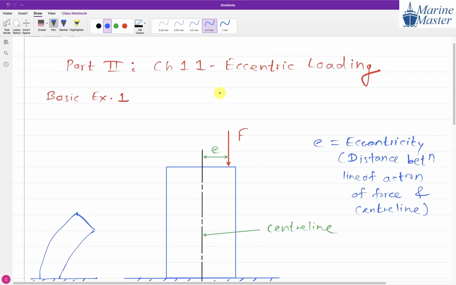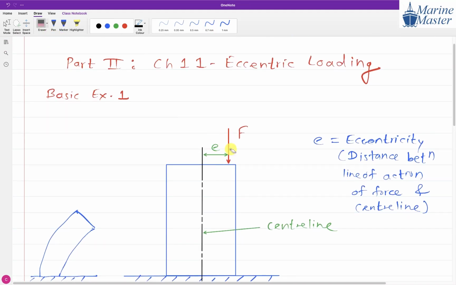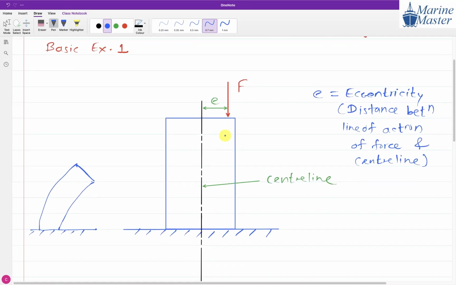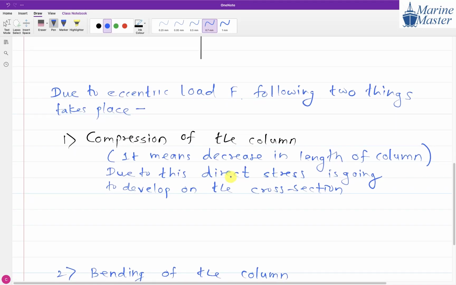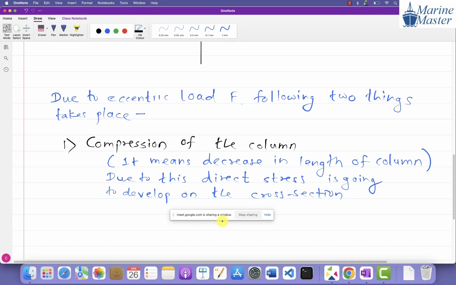See the scenario, guys. This F is going to compress the column. Because of that, direct stress is going to develop. Whenever there is a decrease in length, direct stress develops on the cross section.